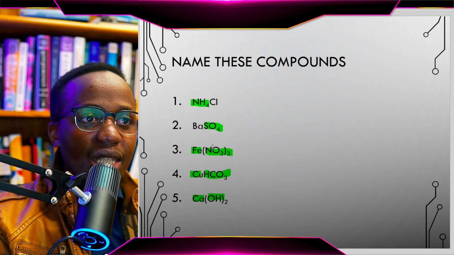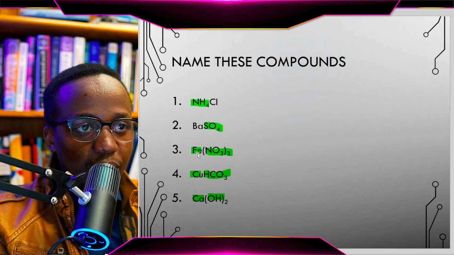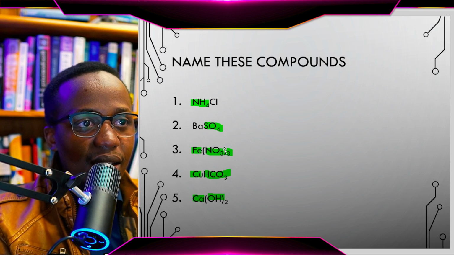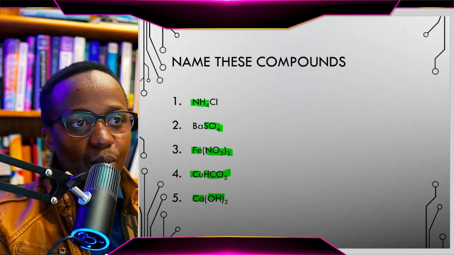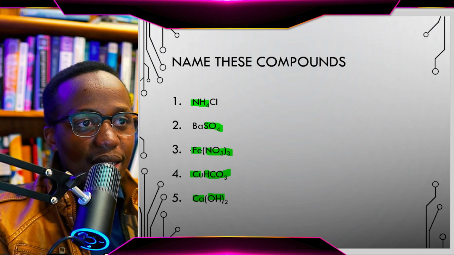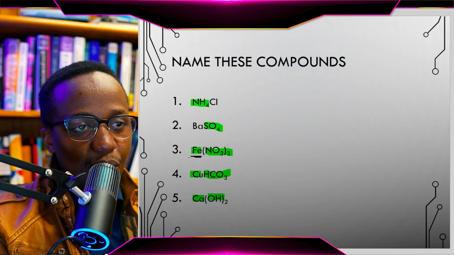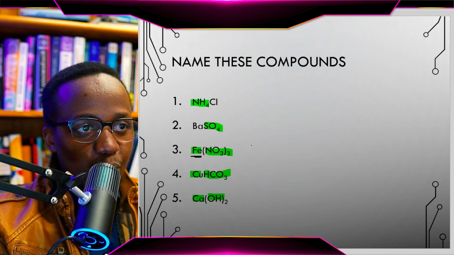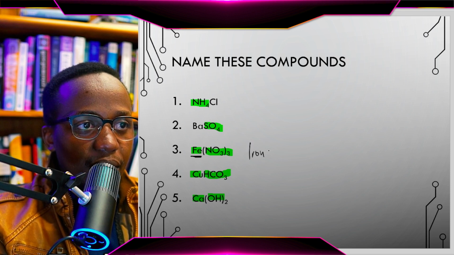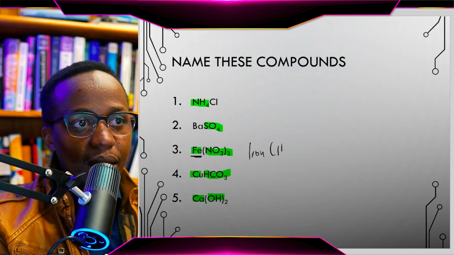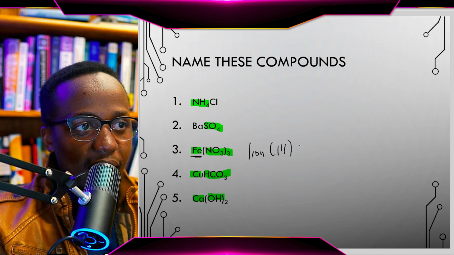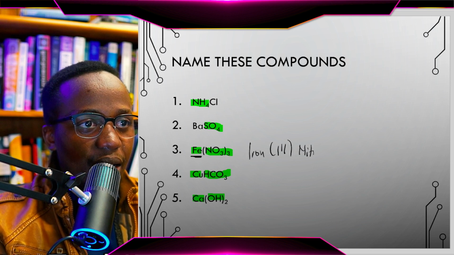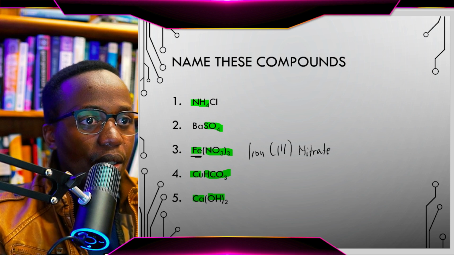But we name them the same way by starting with the metal, like iron in this case, and then you say nitrate. But for example, for this one, now that you know that transition metals like iron, you need to specify, this will be iron 3, right? Iron 3 nitrate. You have to specify, right?